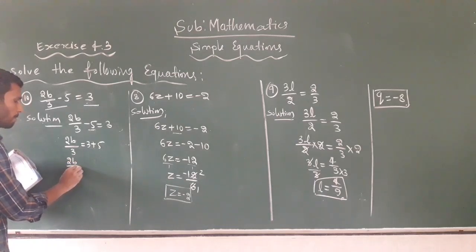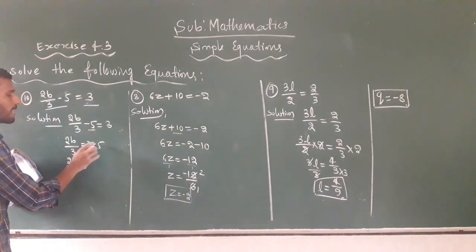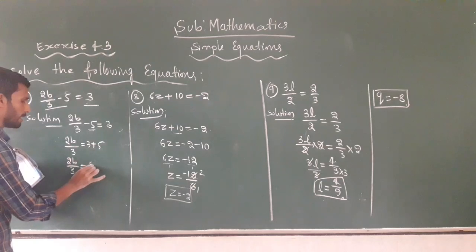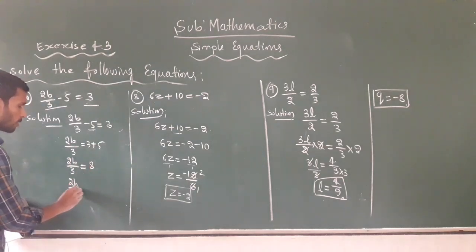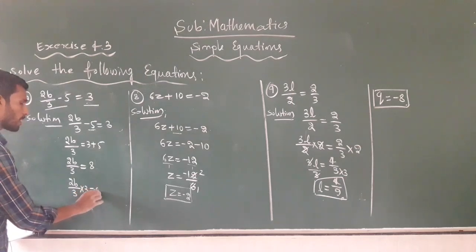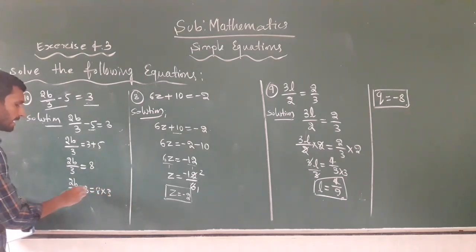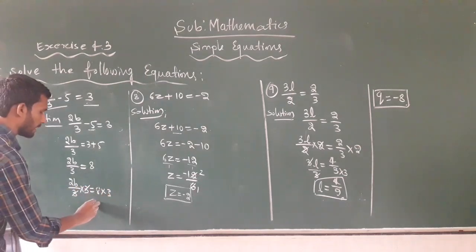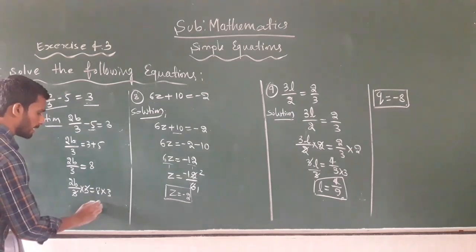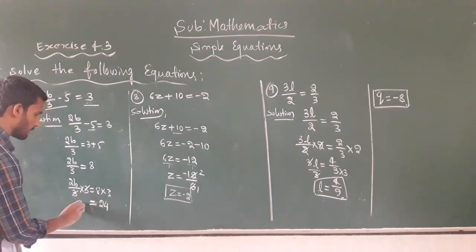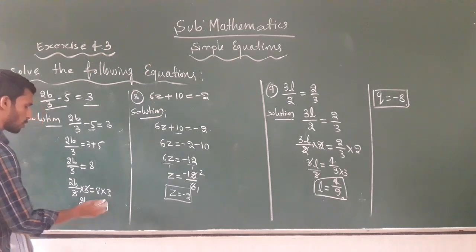Now 2b by 3 into 3 is equal to 8 into 3. 3 will be cancelled here. We are getting 8 into 3 is 24 and 2b is equal to 24.